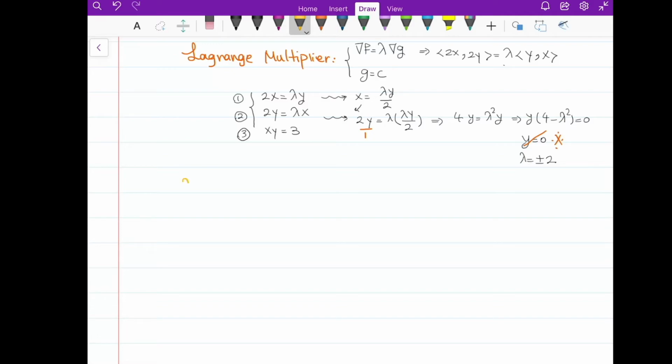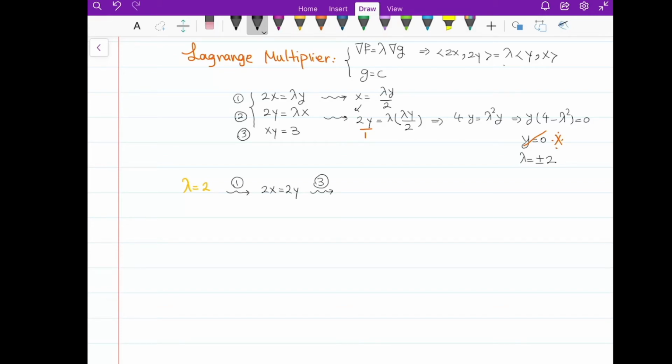Let's say lambda equals 2. Looking at the first equation, when lambda is equal to 2, I get 2x equals 2y, which means that x is equal to y.